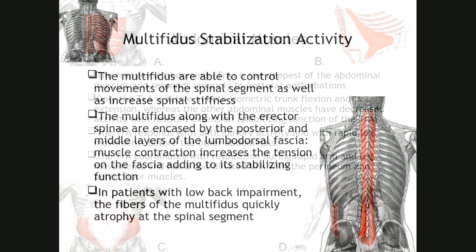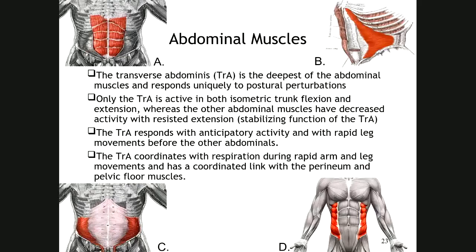Okay, then we're going to the front. Now we're going to the anterior segment, and we have our abdominal muscles. So what is the muscle for letter A? What muscle is that? Rectus abdominis, yep.